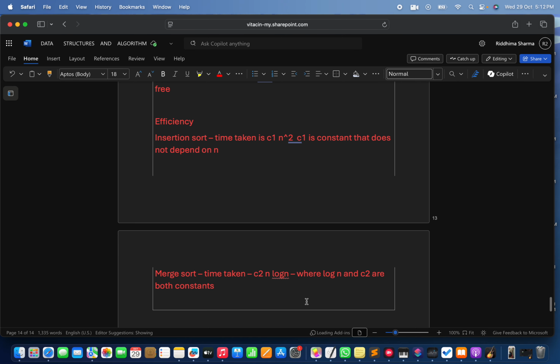So basically, when we compare both the sorting algorithms, C1 is less than C2. C1 and C2 are called constant factors.